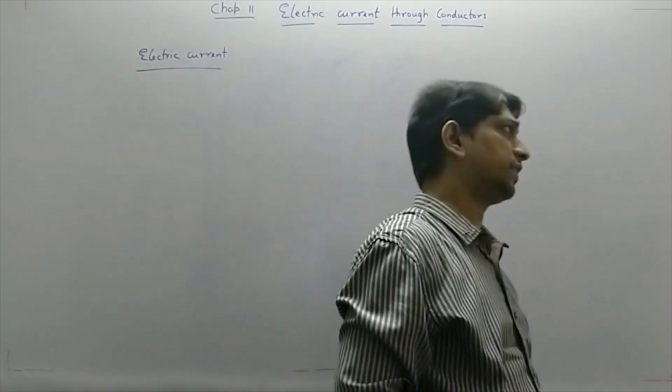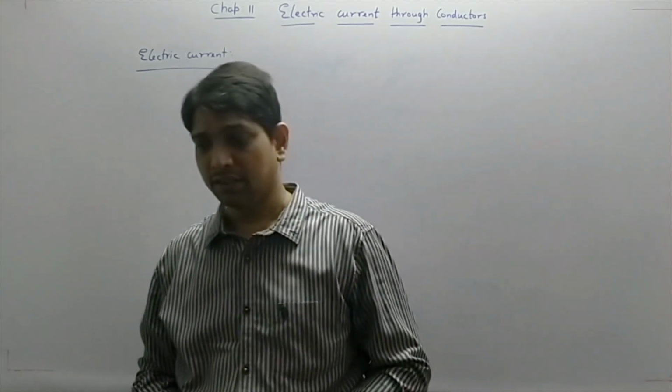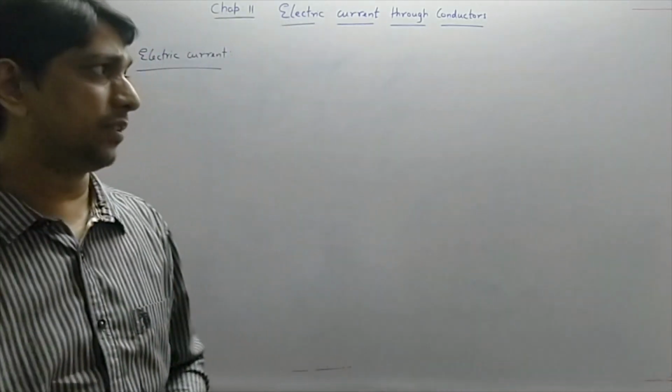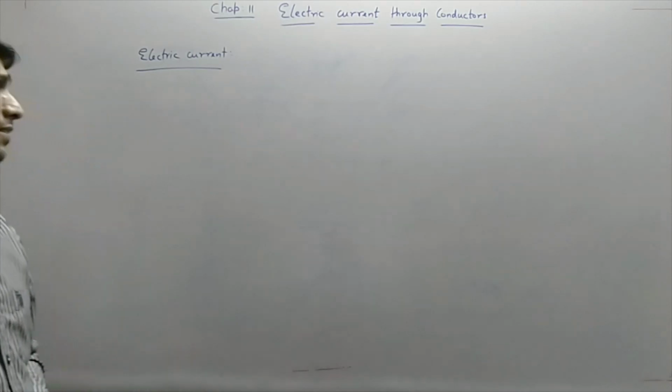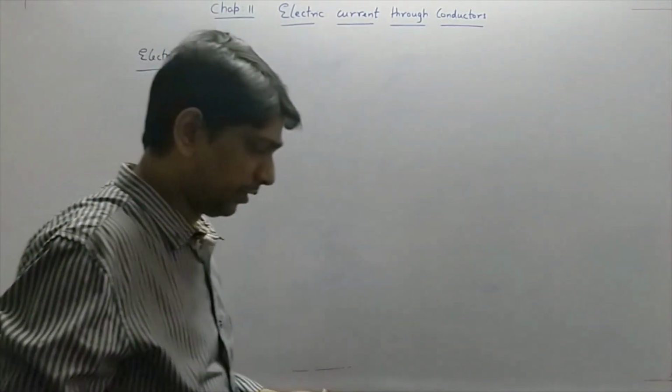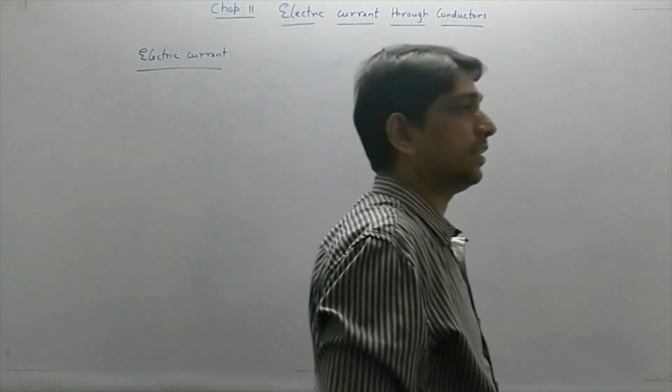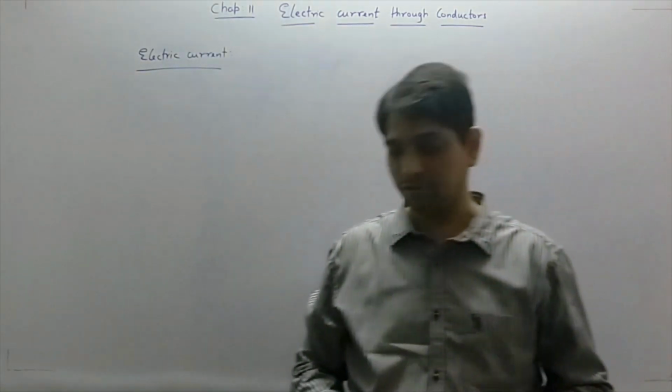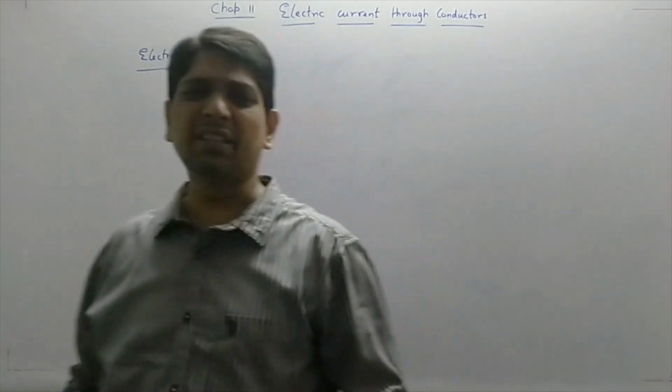Inside a liquid, the electric current is again due to positively charged ions and negatively charged ions. And in conductors, that is in solids, the electric current is basically due to the flow of electrons. And we have many other conductors.